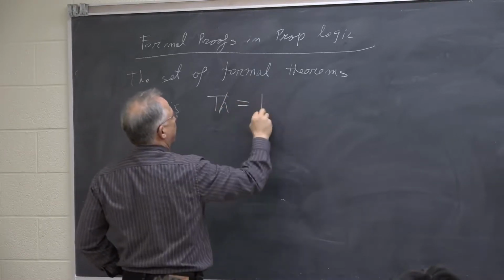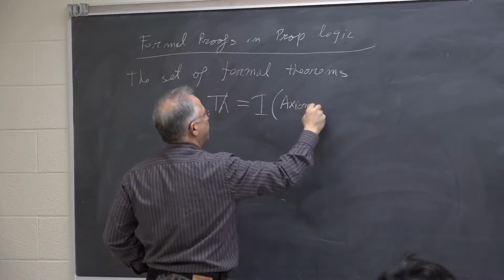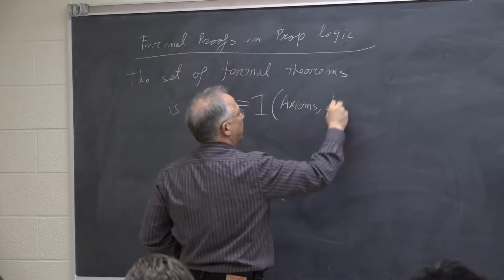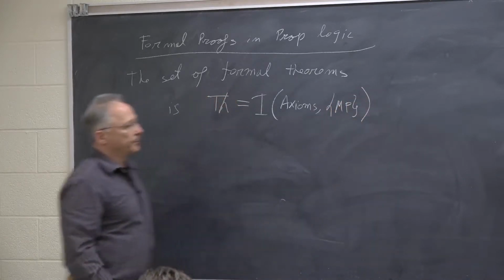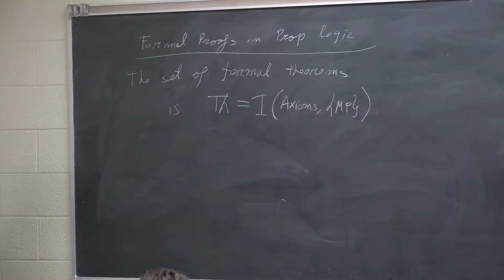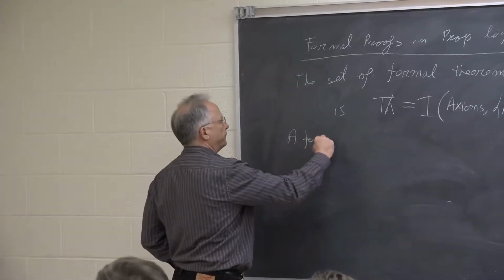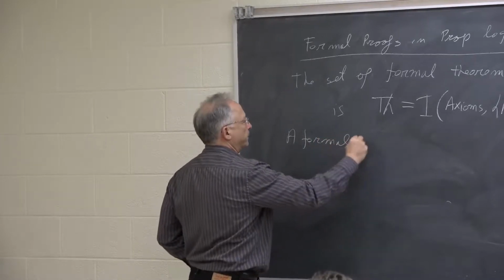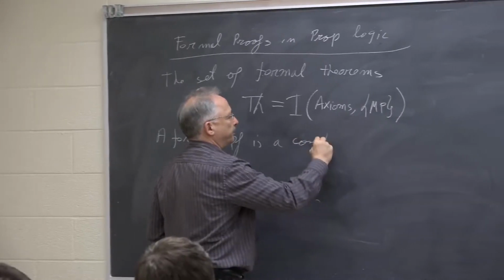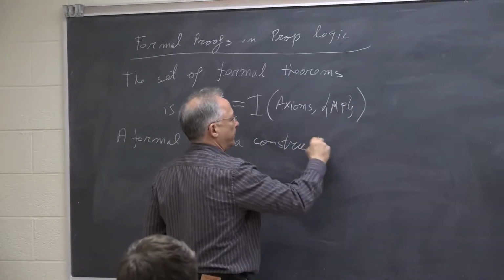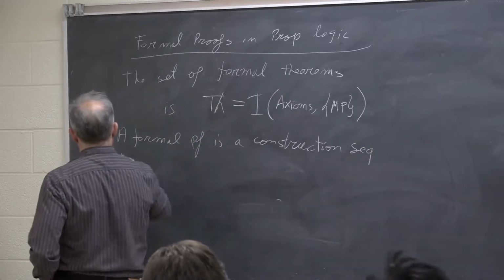Theorems is I of the set of axioms that we've seen, and one rule, which is the modus ponens rule. And the formal proof is a construction sequence for this structure.